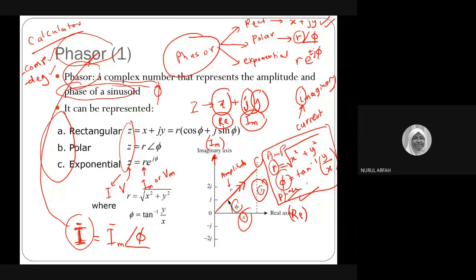Since it's quite hard to write in bold form, you need to have a bar sign here. Whether you put the bar on top of this I or down here doesn't matter, as long as you put a bar. Or sometimes students just ignore this. It's also acceptable, as long as you have a capital letter.